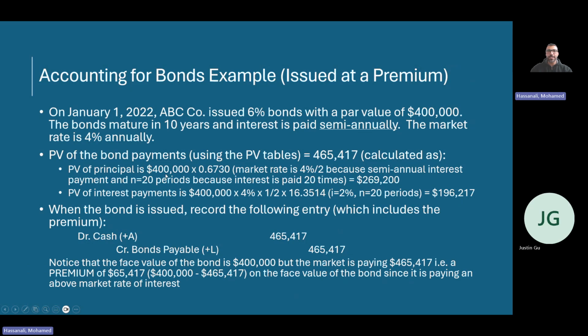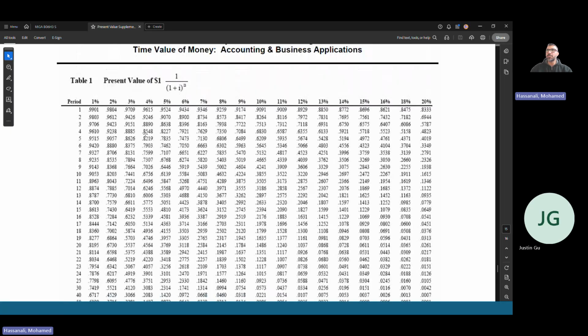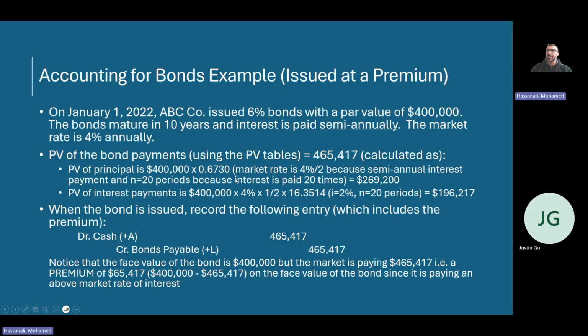So we're looking for 2%, 20 periods. So 2%, 20 periods is 0.6730. Go back to our slides. We've got 0.6730. For the annuity being the interest payments, we've got 2% I, 20 periods.